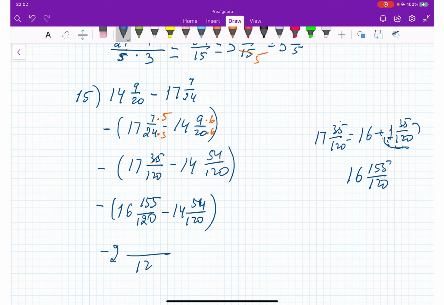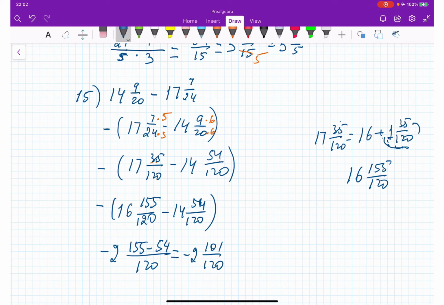And over 120, we get 155 minus 54, and this is going to be negative 2 and 101 over 120. All right?